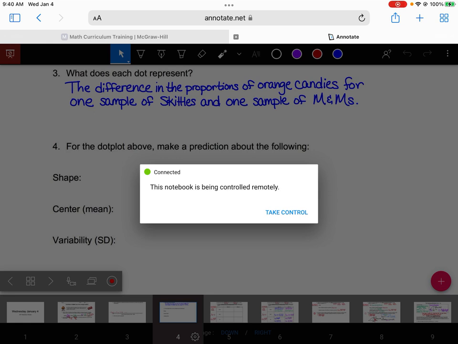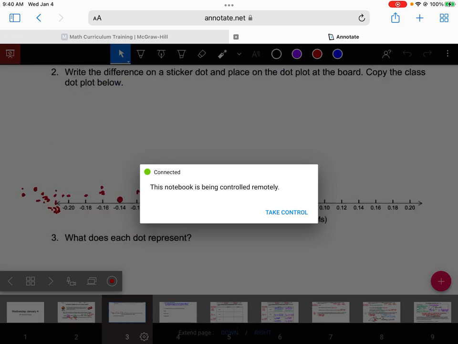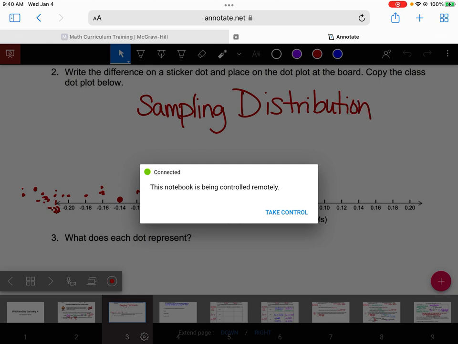I'll pop this back up on the screen in just 1 second. I did want to add one thing to our dot plot, and that was just a label up at the top. This is the sampling distribution. p hat 1 minus p hat 2.